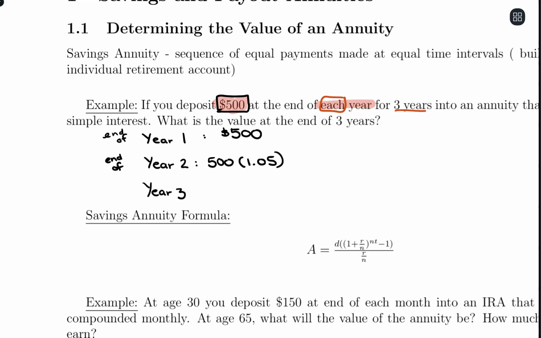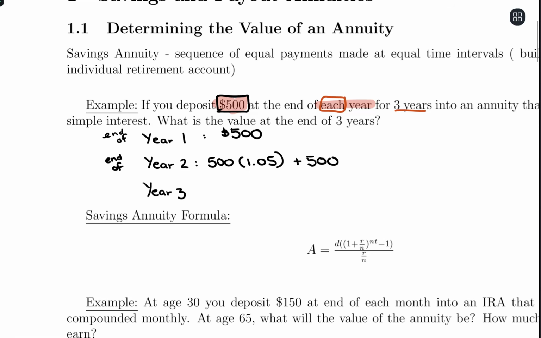So end of year 2, we're going to make this deposit of 500 again. So I'm going to take that and add on this deposit. That 500 times 1.05 is what we would see if this was compound interest, like an annual compound interest. However, now we get this extra piece of more money being added on.